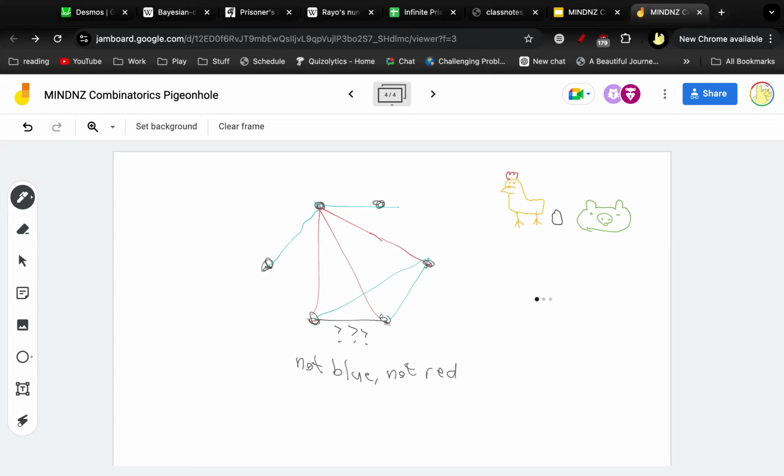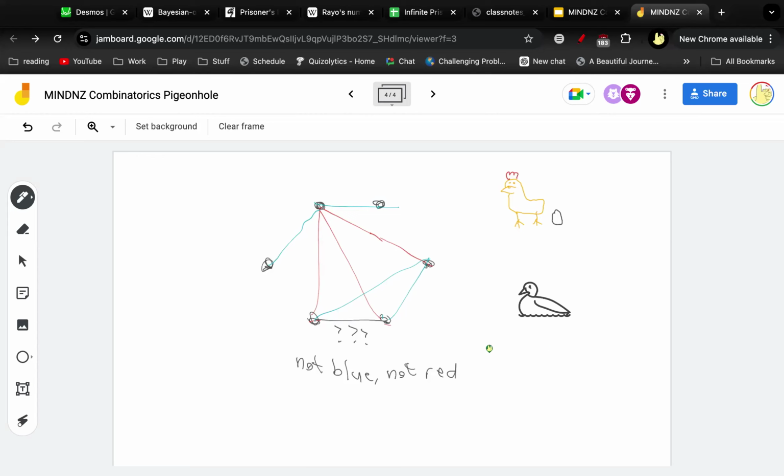Someone asked what the formal proof of that would look like. If I was writing a proof of this, I would say, consider an arbitrary person A, the person here in the top left. They have 5 friends. If we've already established this red and blue edge idea, then at the start of the proof I'd write something like, let the 6 people be denoted as 6 vertices.